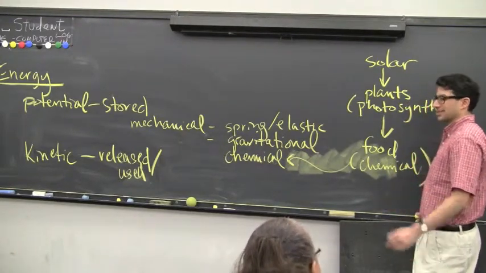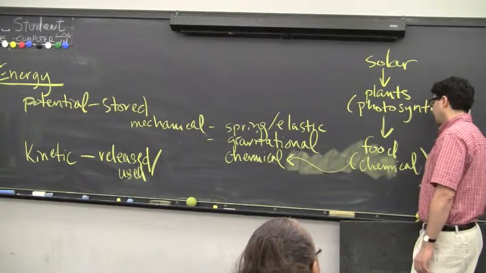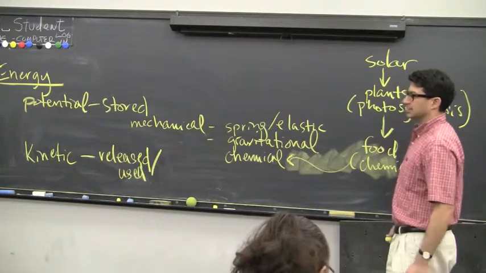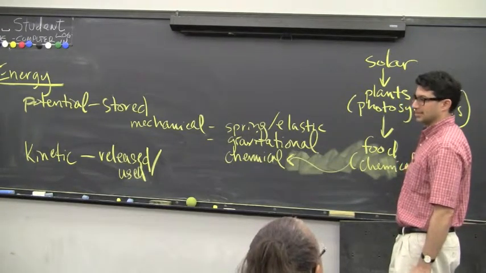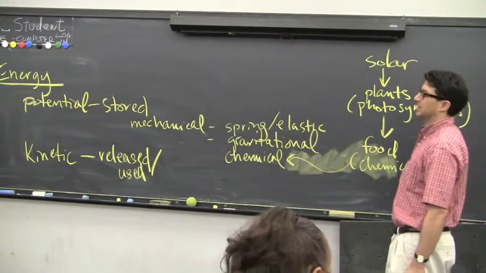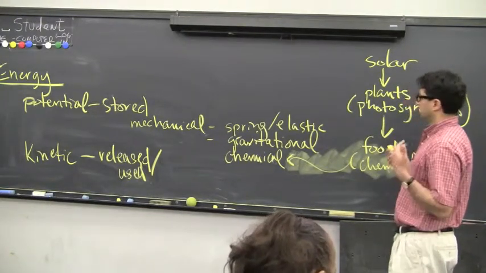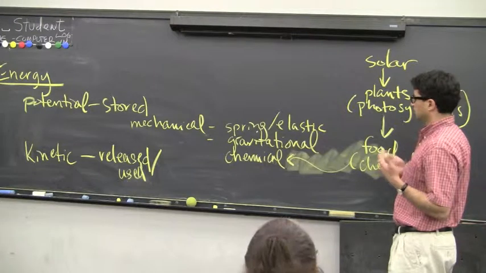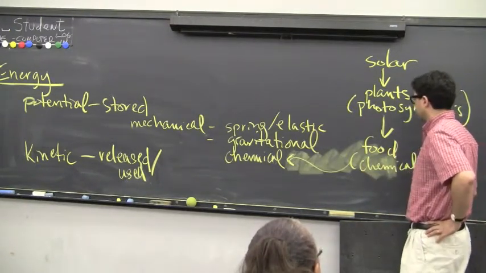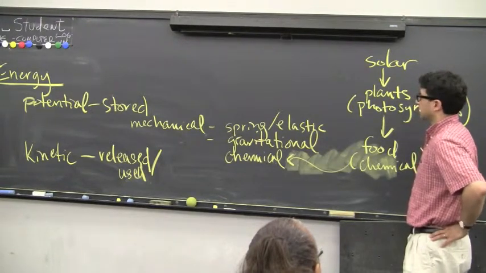And it's expensive. So a lot of the energy crisis, if you will, is economic in nature in some sense, that it costs too much to get renewable sources of energy.